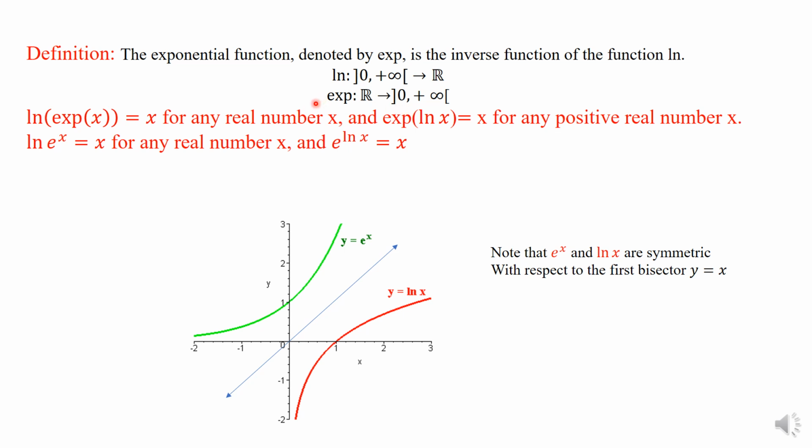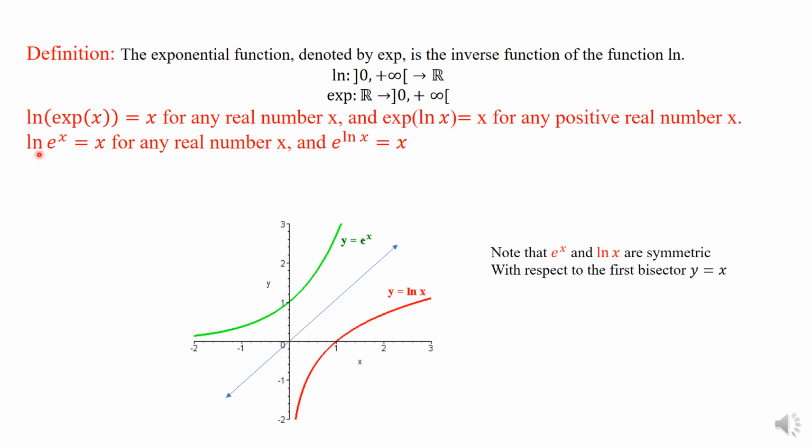Since the two functions are inverses of each other, ln(e^x) is x for any real number x, since the domain of the exponential is R, and e^(ln x) is x for any positive real number x, since the domain of ln x is (0, +infinity), only positive numbers.